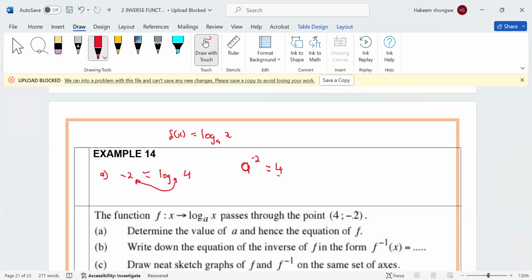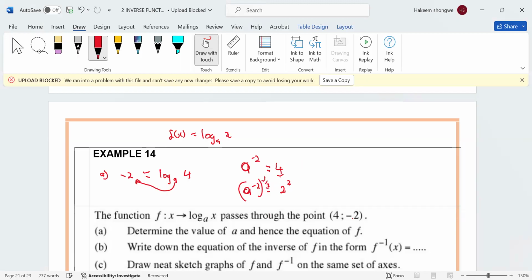And then from here, you can change this 4 to a prime base again. If you change it to a prime base, we have a to the power -2 equal to 2 to the power of 2. The bases are not equal and the exponents are not equal, so let's multiply by the multiplicative inverse of the exponent, which is -1 over 2. Even this side, you multiply by -1 over 2.